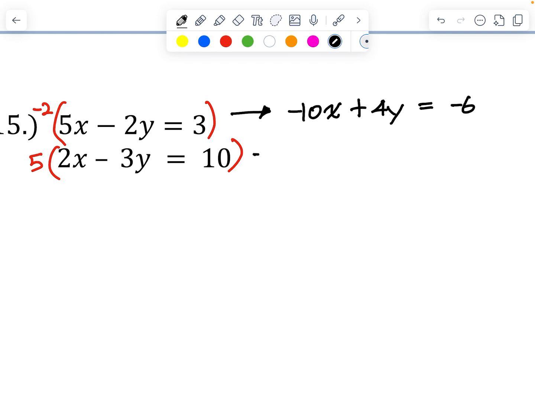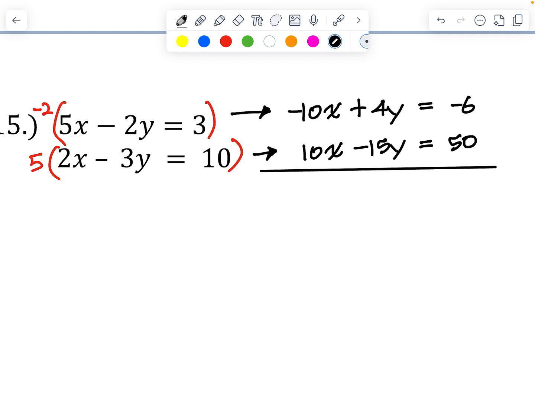And for this one, I get positive 10x minus 15y equals positive 50. So I get -11y equals positive 44. Divided by -11, so y equals -4.